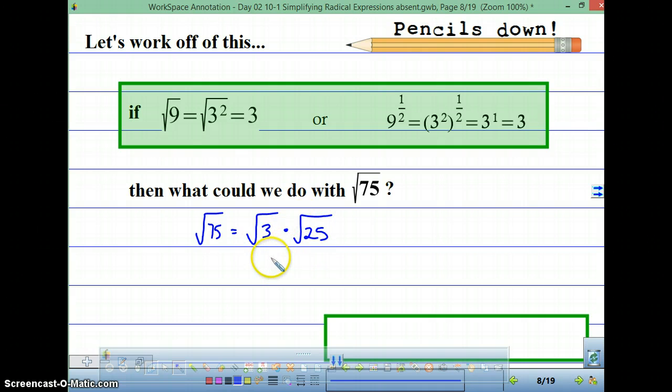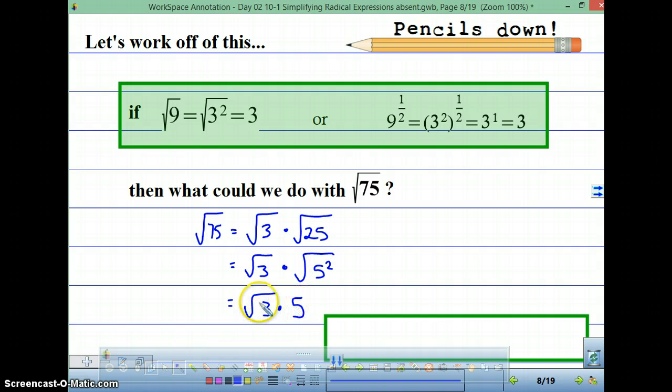Well, if that's the case, this is the same thing as the square root of 3 times the square root of 5 squared. This is an inverse. You take 5, you square it, then you take the square root of it. That's just the same thing as the square root of 3 times 5. We just got rid of the radical sign and the square.